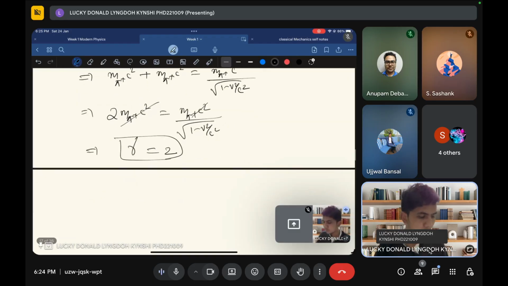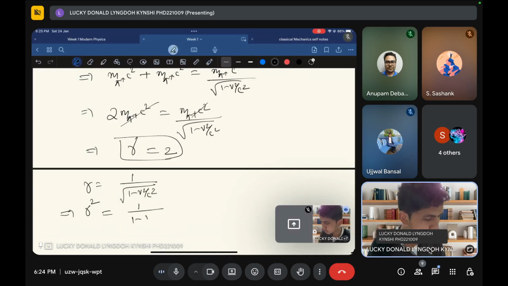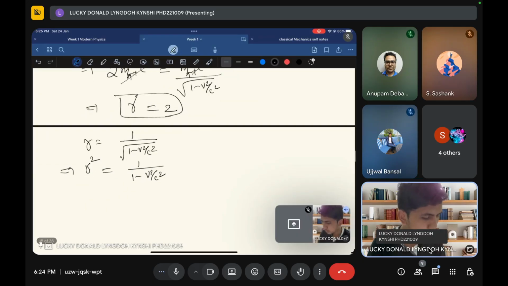So from gamma, you can write gamma equal to 1 by root over of 1 minus v square by c square. If you square both sides, you get gamma square equal to 1 divided by 1 minus v square by c square. Gamma is 2, so 2 square, which is 4, is equal to 1 divided by 1 minus v square by c square.